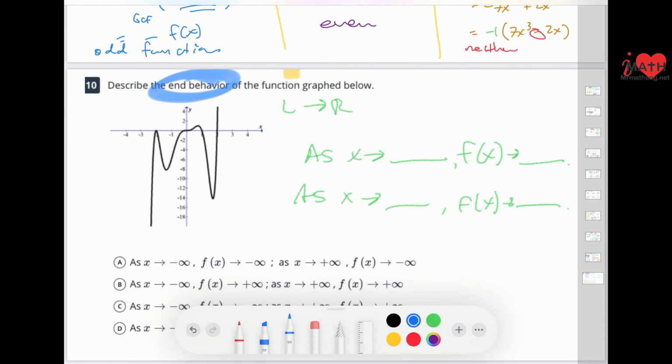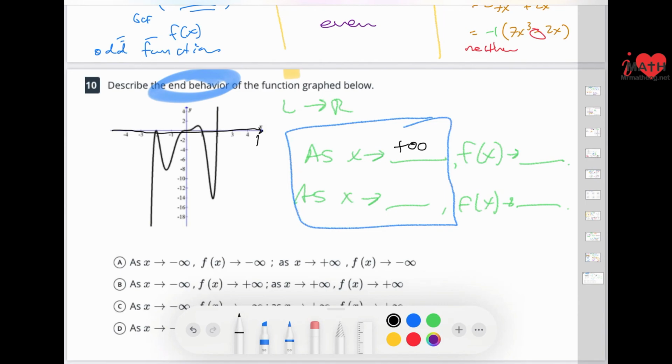And remember, this blue box is always the same. Always. You have one that's positive. That means as you're going to the x-axis this way, as you're going towards the right, what happens to the graph? And as you go towards the left, the other way here, where's the graph finish?